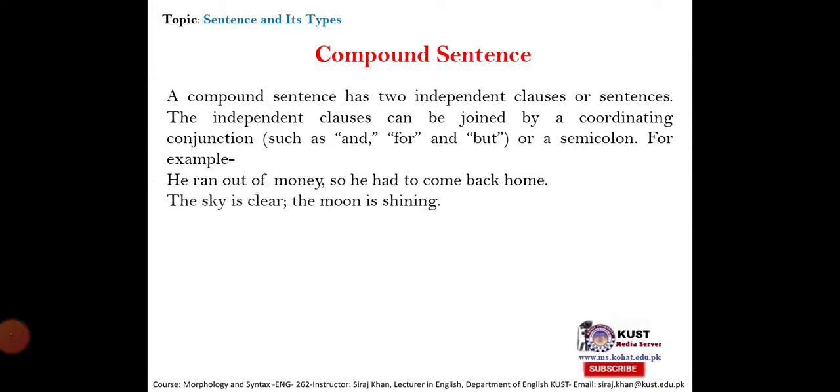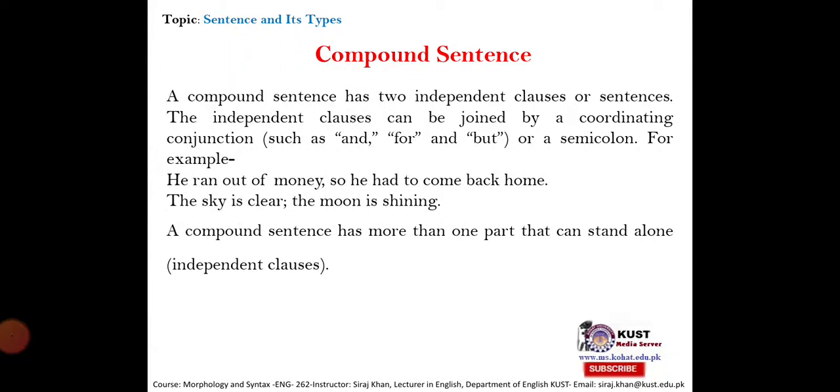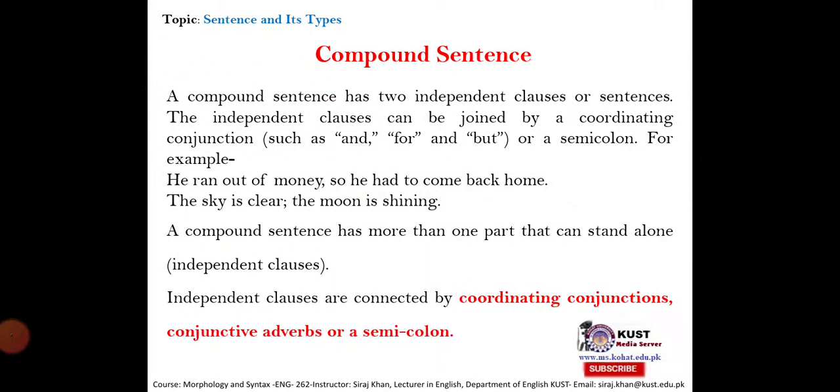The sky is clear; the moon is shining. Here, the semicolon gives us two independent clauses. A compound sentence has more than one part that can stand alone, and both the parts are independent clauses. Independent clauses are connected by coordinating conjunctions, conjunctive adverbs, or a semicolon.